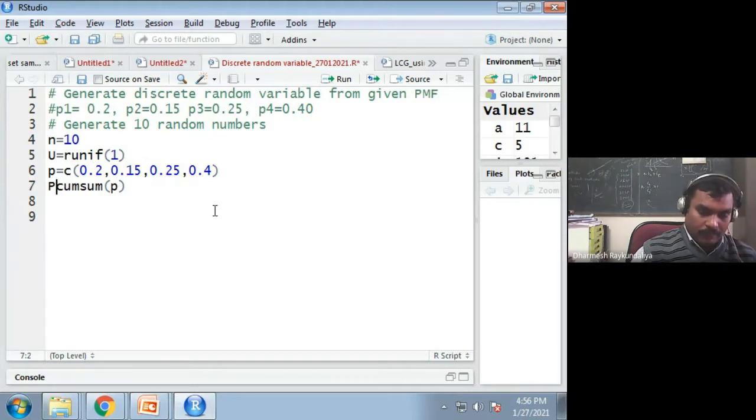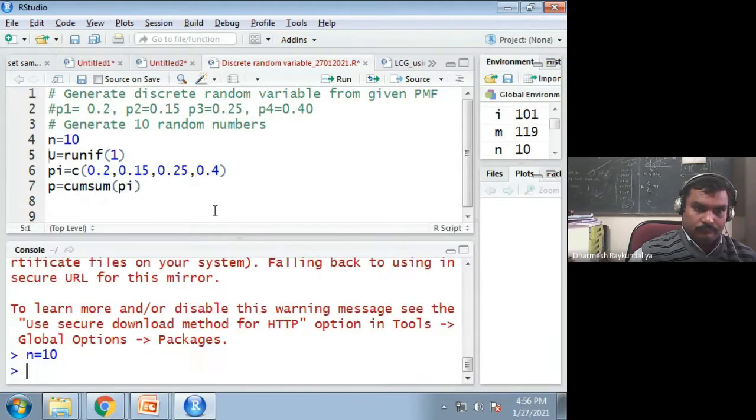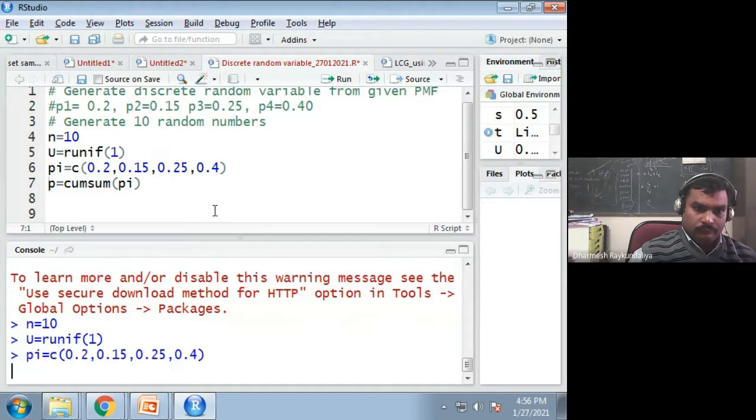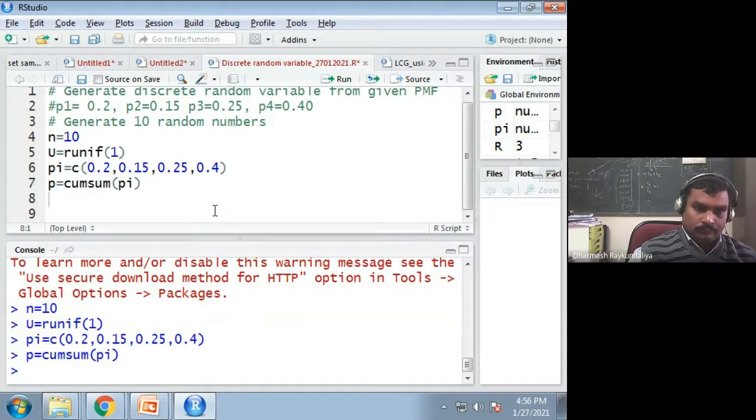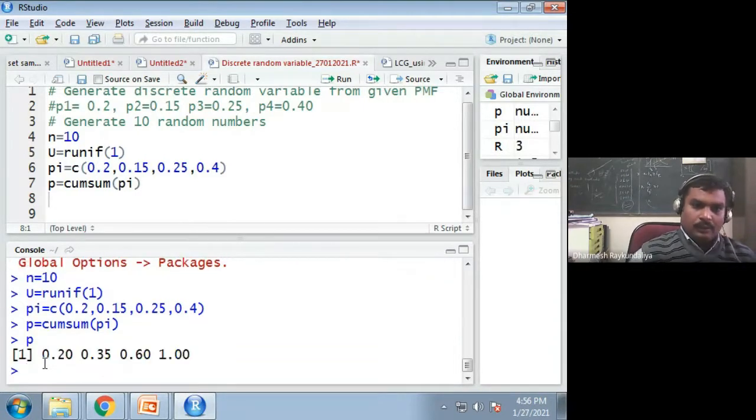Because I am saying it is a capital P, or let us say Pi is given. And if I am giving it as P, what is P? It is giving the cumulative sum.